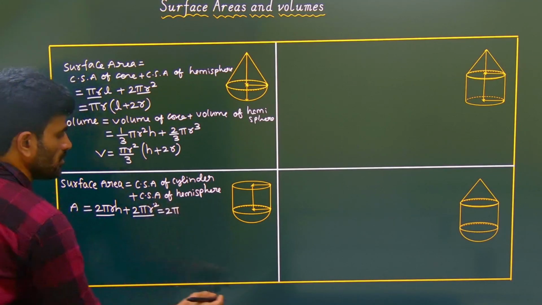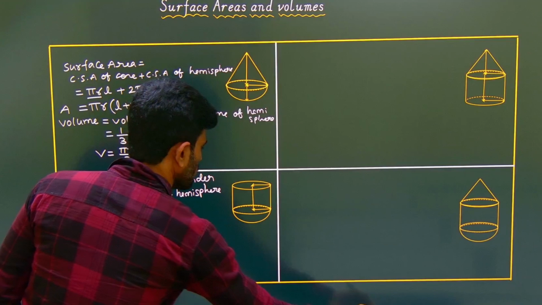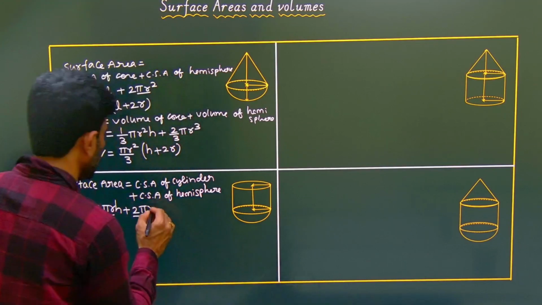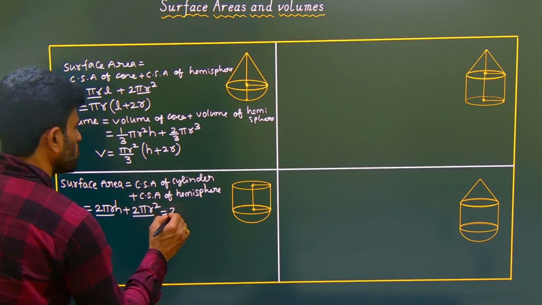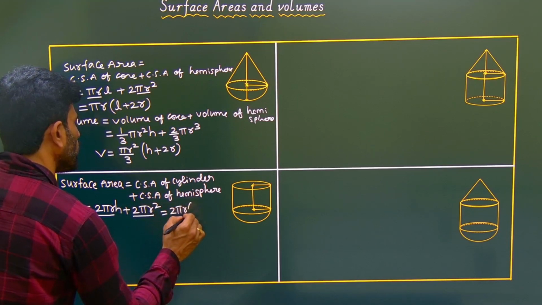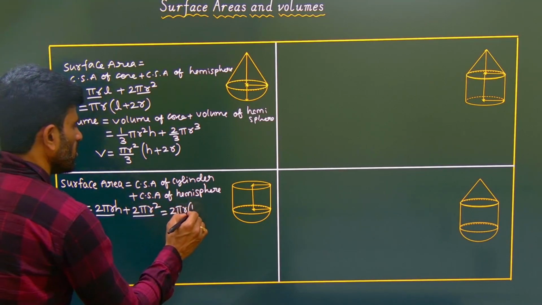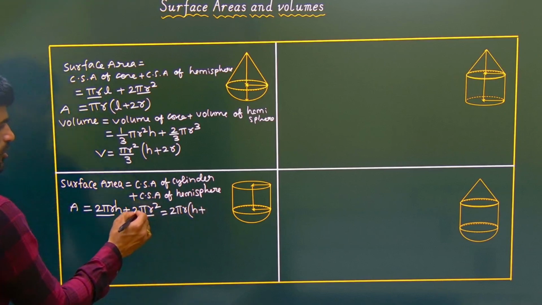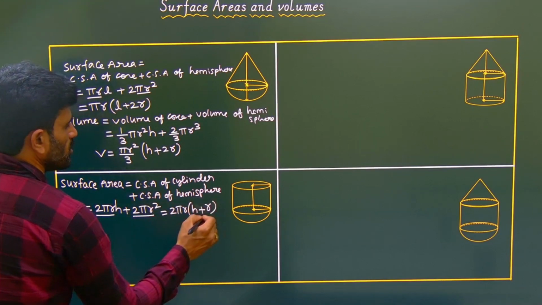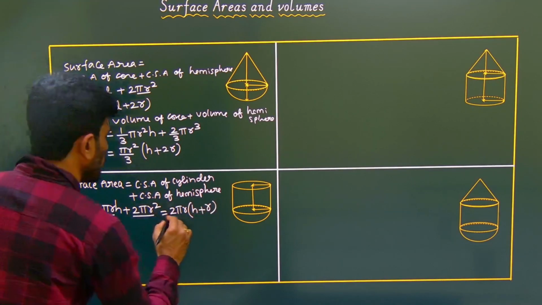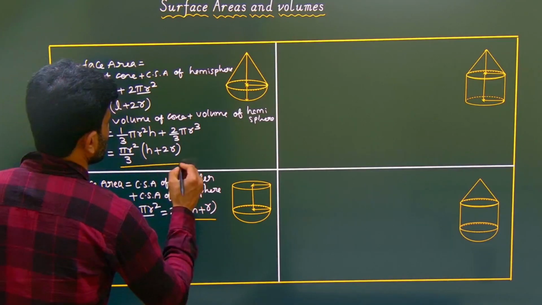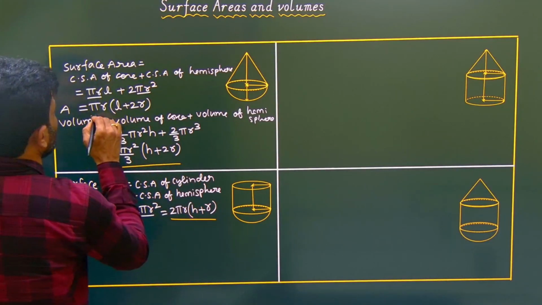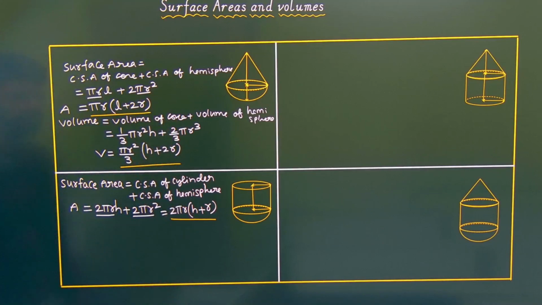If you take 2 pi r common, here h will be left, h plus here only one r is left. So this is what? Total surface area of this solid.